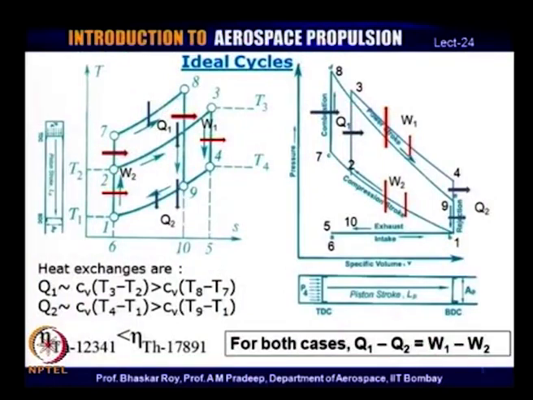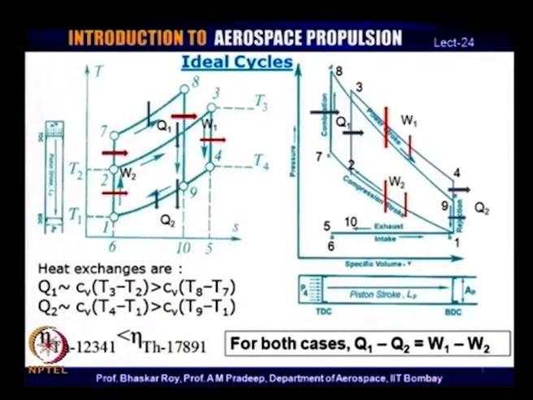Now, we look at the cycles all over again, and that is where we start from to build up our engines. We had to look at the concept of cycle both in PV diagram as well as in TS diagram, and let us have a quick look at that all over again.